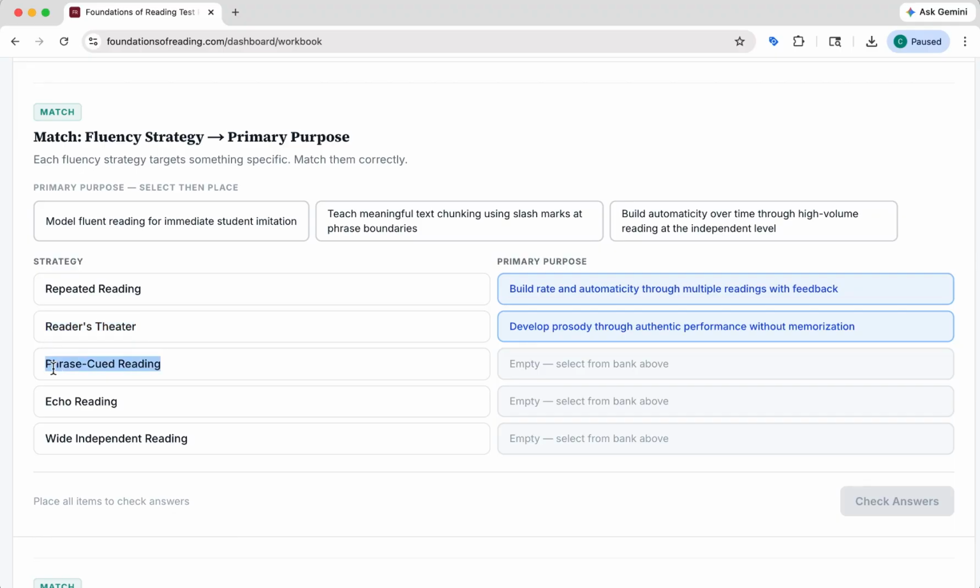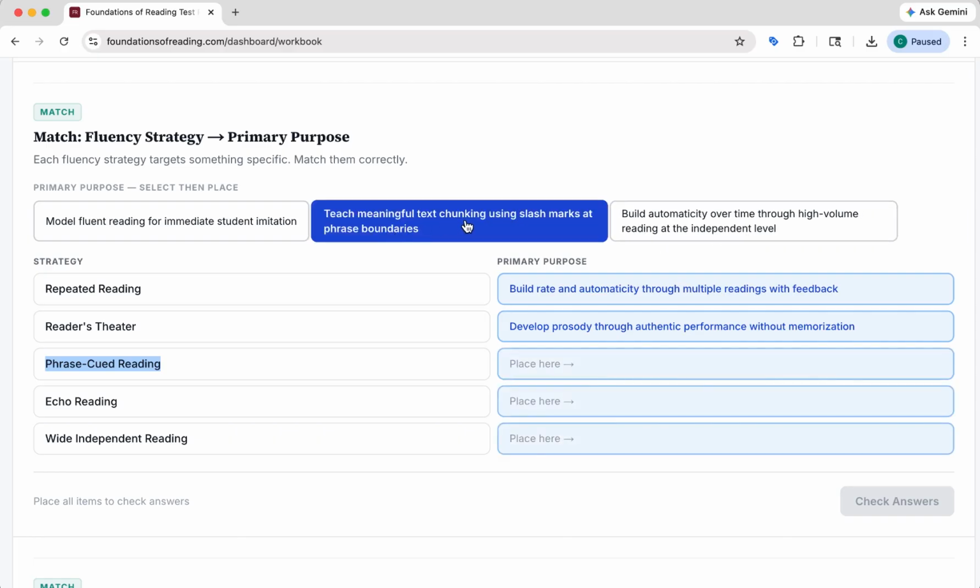All right, now what do we use phrase cued reading for? All right, let's take a look at all of these. Phrase cued reading. Teach meaningful text chunking using slash marks. If you don't remember what phrase cued reading is, just Google image search it and you will see, but that is where the commas are placed.